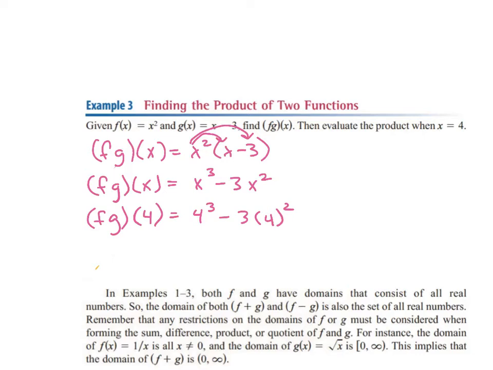So 4 cubed would be 4 times 4 times 4, so this is 64. 4 squared is 16, and 16 times 3 is 48. What's 64 minus 48? 16. So our answer here is 16.